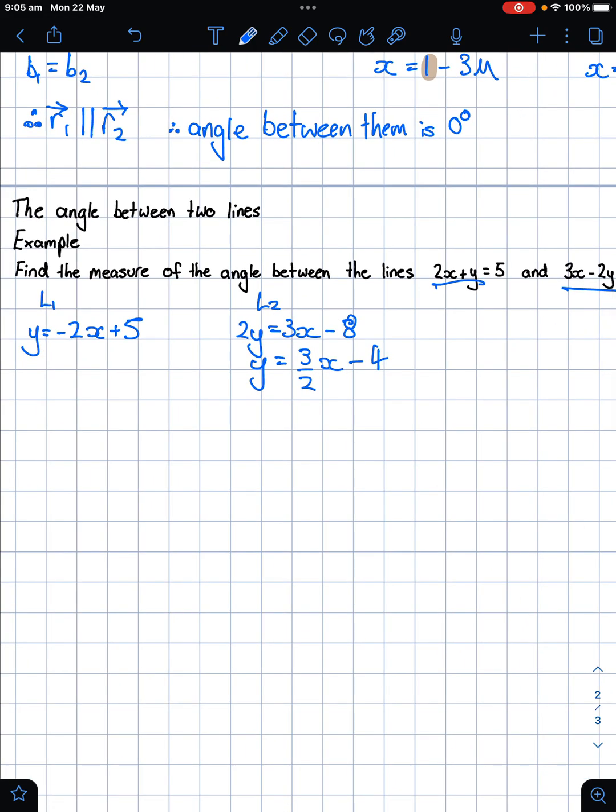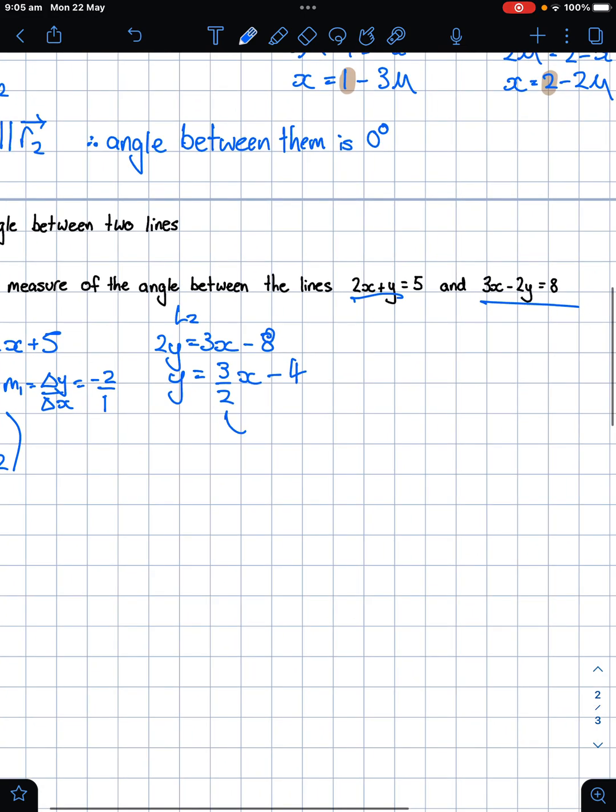So line 1 has a slope or gradient of, you've got to remember, this slope, I'm going to call it M1, is the change in y over the change in x, which means we've got negative 2 over 1. And with this one, M2 equals the change in y over the change in x, which equals 3 over 2.